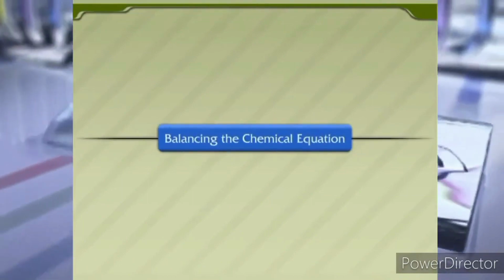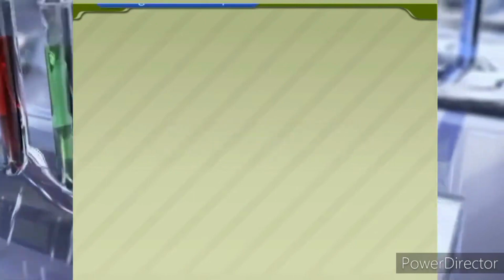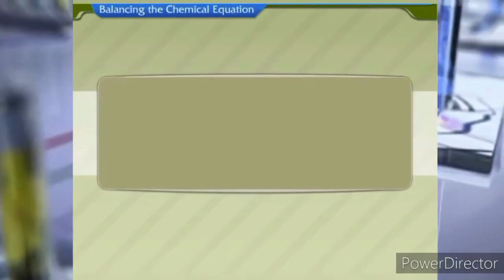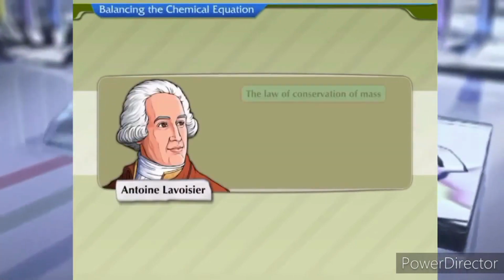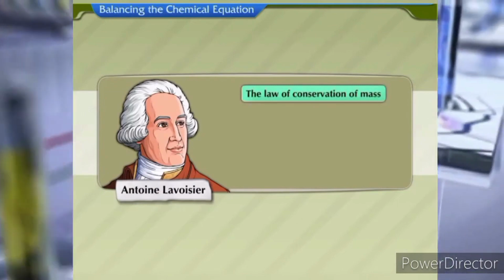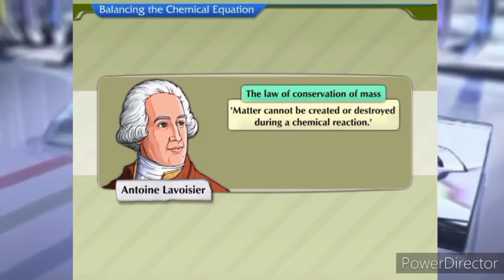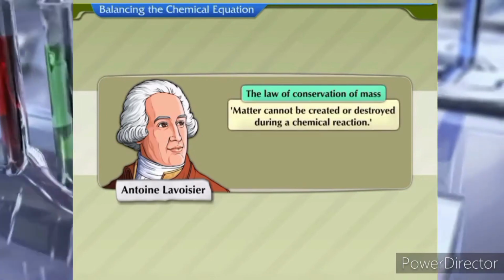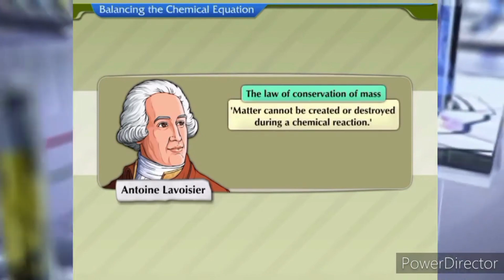Balancing the chemical equation. Let us recall the law of conservation of mass. It states that matter cannot be created or destroyed during a chemical reaction.